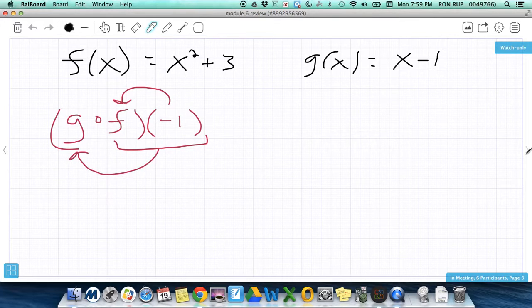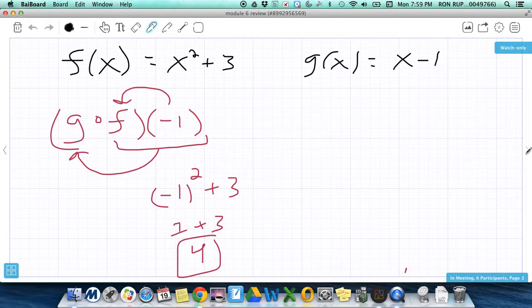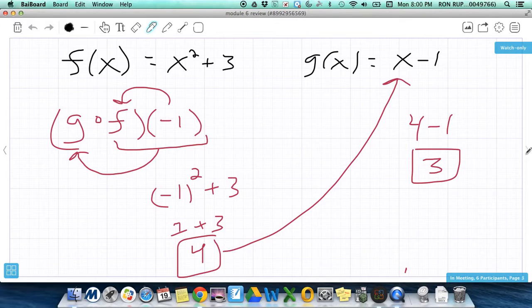Negative 1 squared plus 3 will give me 1 plus 3, which is 4. So I'm now going to take that 4, which is my answer of f of negative 1, and plug it into my g of x function. And so I get 4 minus 1, which is 3. And so my answer g of f of negative 1 would be 3.